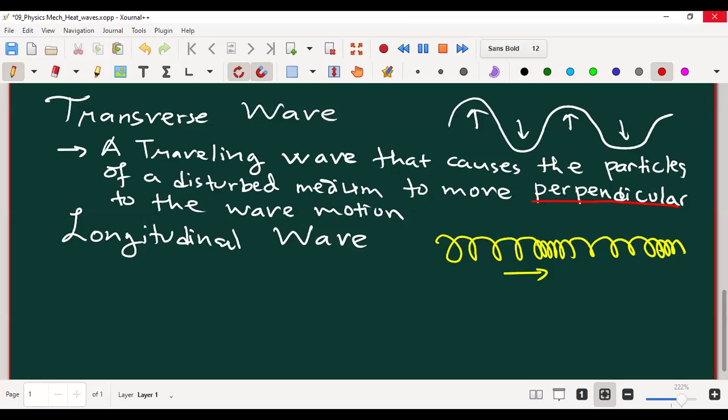But for the longitudinal wave, it is to move parallel.